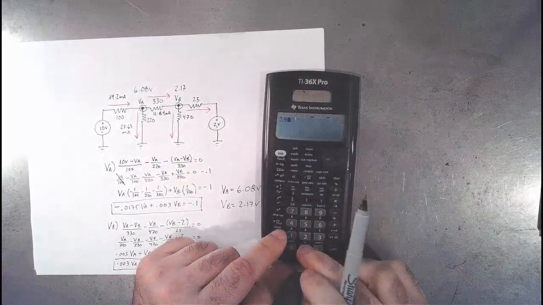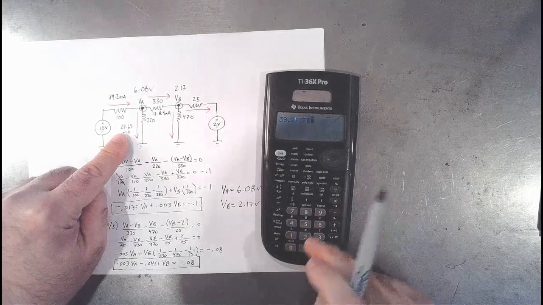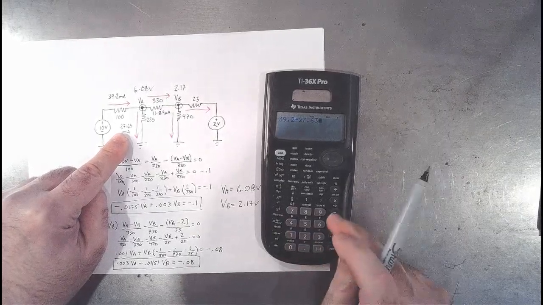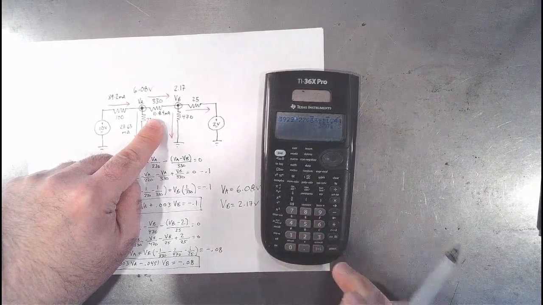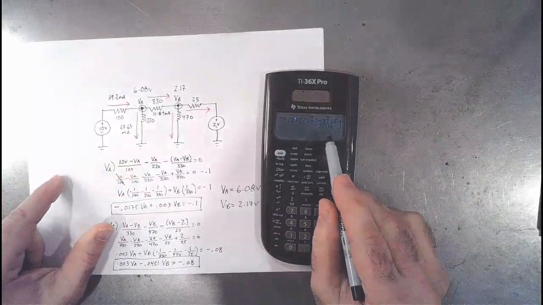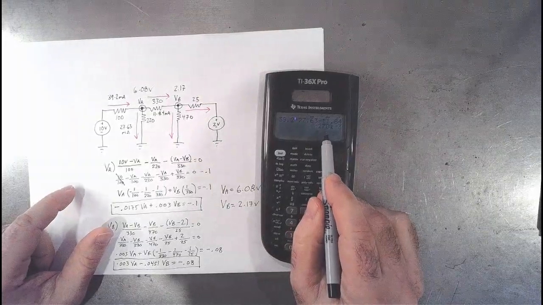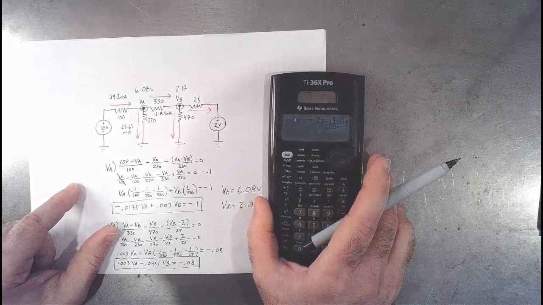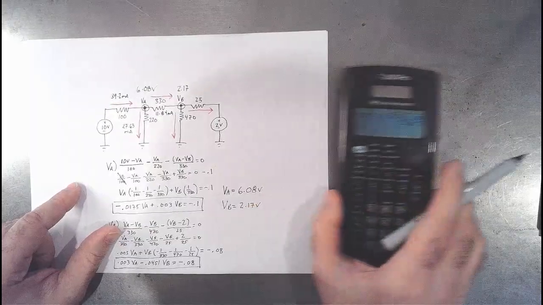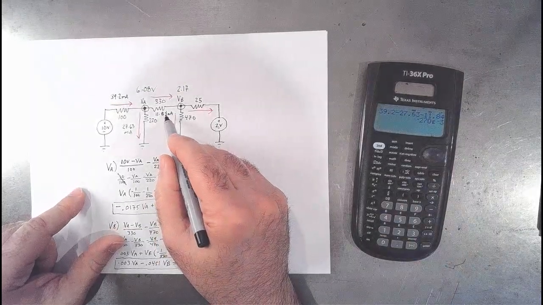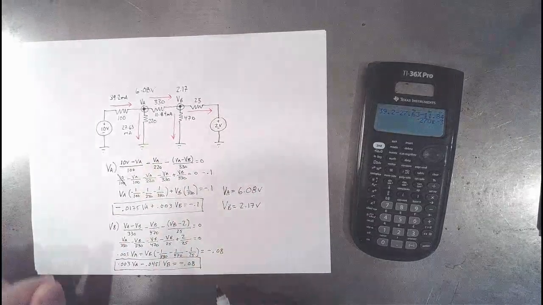So we got 39.2 milliamps entering, minus 27.63 milliamps leaving, minus 11.84 milliamps, and I get just a sliver, and that is just because I've been rounding. So I've got 270 microamps left over there, and that is solely due to rounding. So that means that I am correct here.